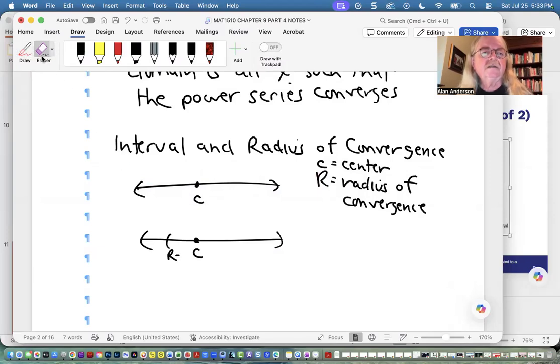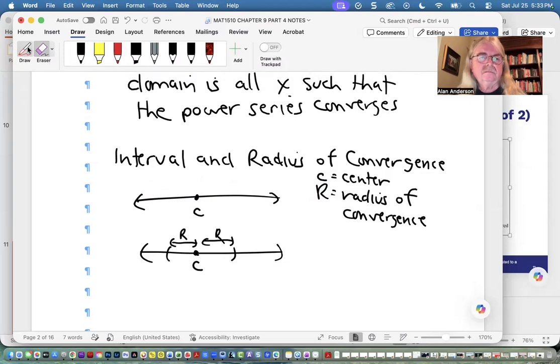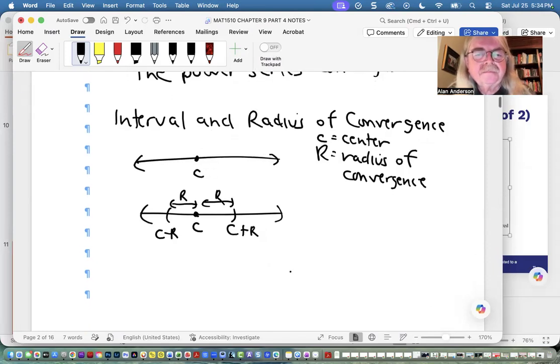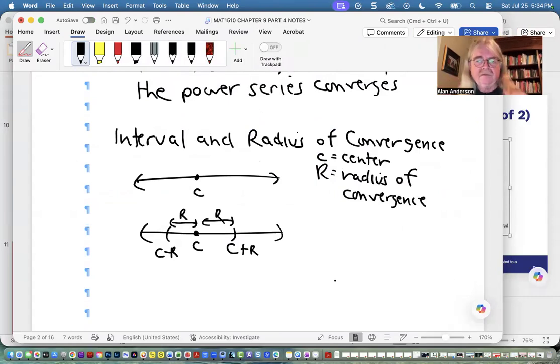Just put R on either side. So in other words, this is R. Therefore, this must be C plus R and C minus R. So that's the second possibility, that the series only converges within that range. In other words, this is the interval of convergence.